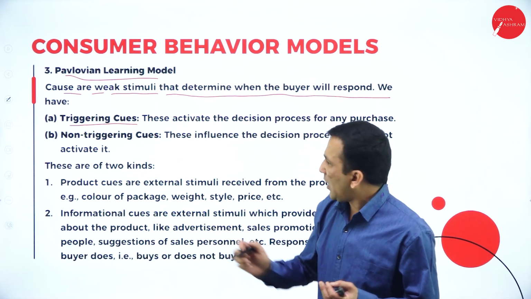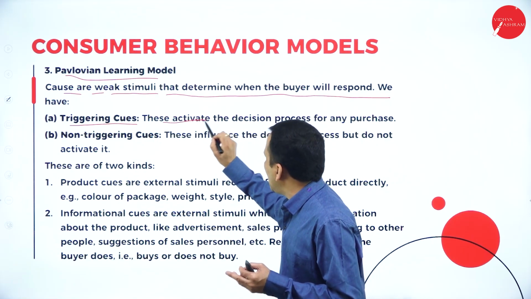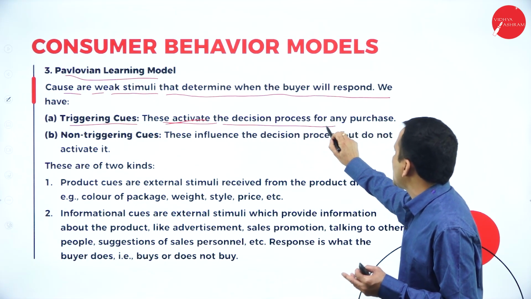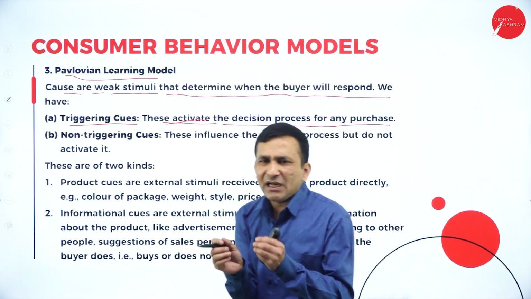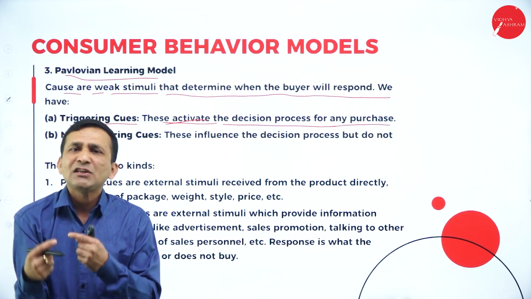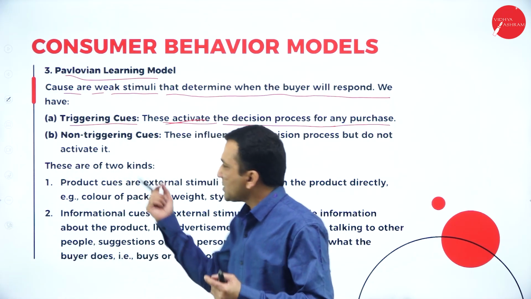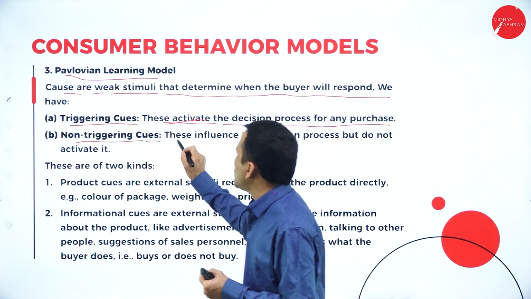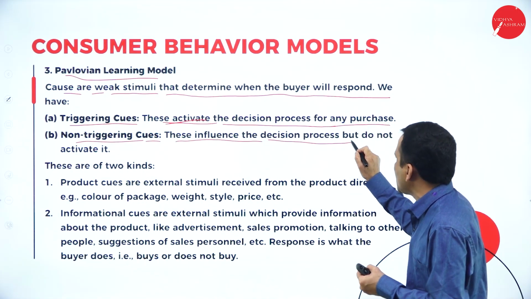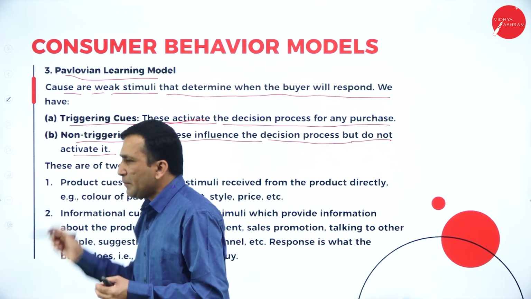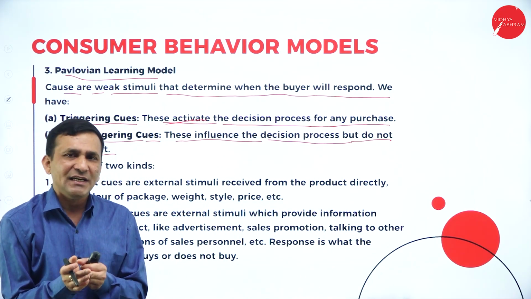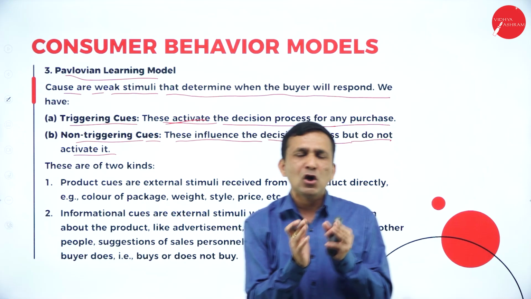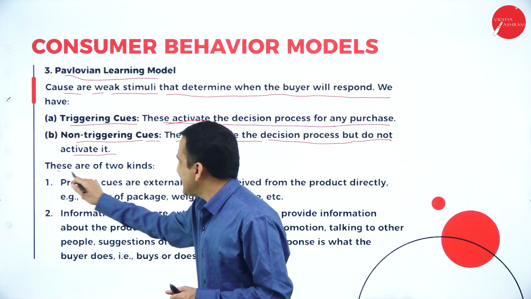Triggering clue means activating the decision process for any purchase; consumers will be active because of trigger causes influencing them. Next one, non-triggering clues, influence the decision process but do not activate it, because consumers are not motivated or encouraged. These are two kinds.